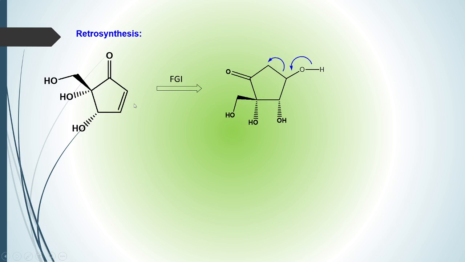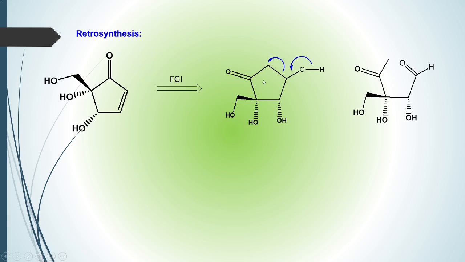So here we write the FGI and here we get this OH group. After the breaking of this OH bond, there is formation of this aldehyde group, and here a negative charge forms, and we get the molecule like this.